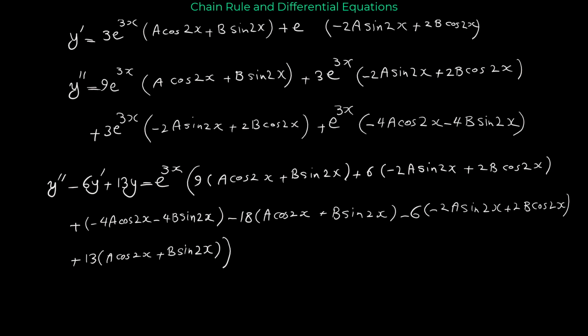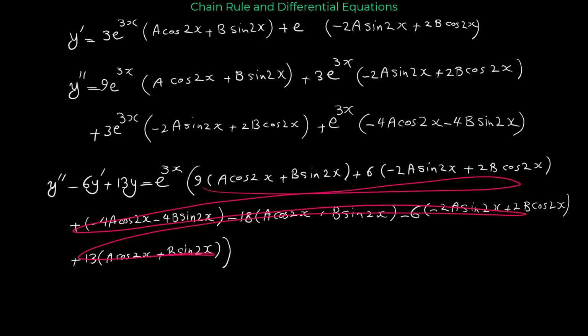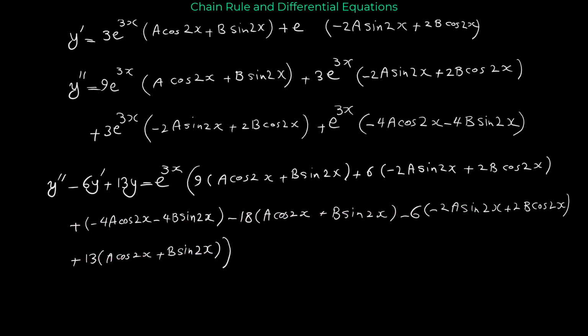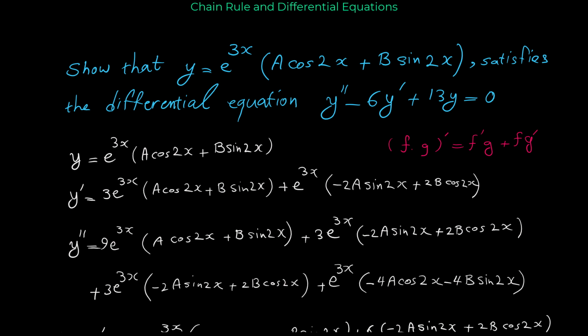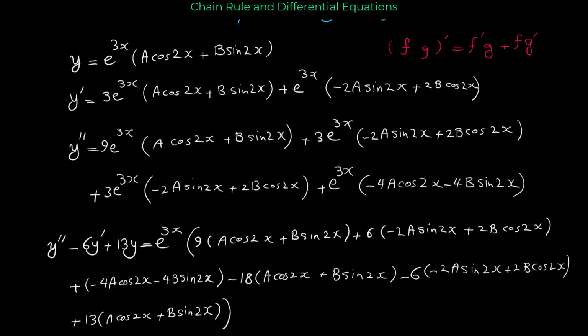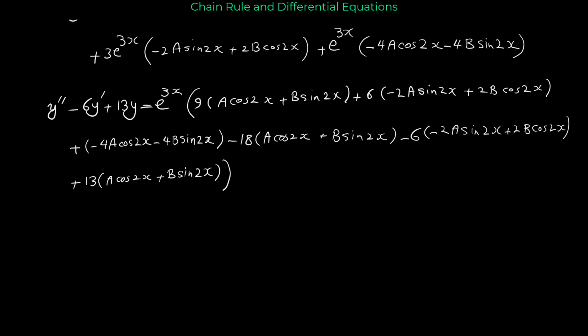Now if we simplify this expression inside the big bracket, we have to get 0 because we want to prove that y double prime minus 6y prime plus 13y equals 0. So it should be 0. But let's see, can we get 0 or not? So again, I'm going to write e to the 3x outside and then multiply 9 in the bracket.